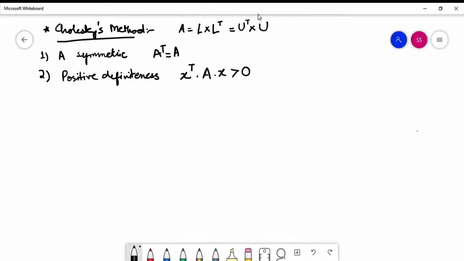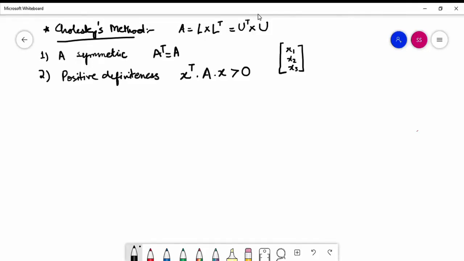So x may be a general column vector, x1, x2, x3, or you can take specific values like 2, 3, 5, and the product would be a constant. And if you take the values as they are, it will be an equation or inequality kind of thing. So you can judge whether it is positive definite or not.